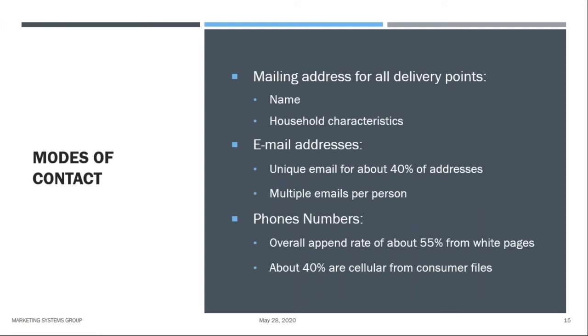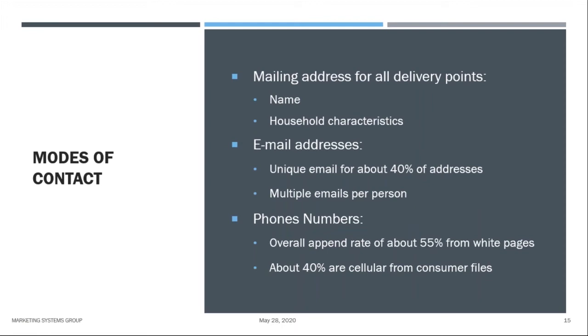We can append names and various household characteristics for refinements. We are also able to append email addresses to about 40% of the available addresses. And in many cases, we have multiple emails per each unit.